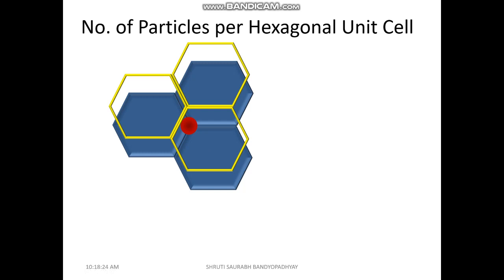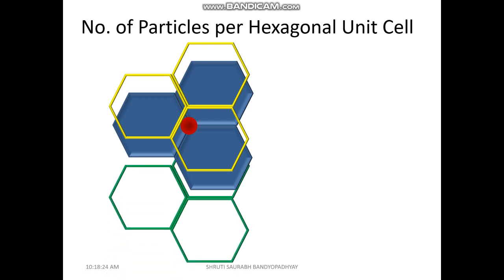Since there are 12 such particles, because if we try to draw the other face of the hexagonal prism like this one, there will be 12 particles in total residing at the vertex points, 1 2 3 4 5 6, and 1 2 3 4 5 6, 12 vertex points are there.